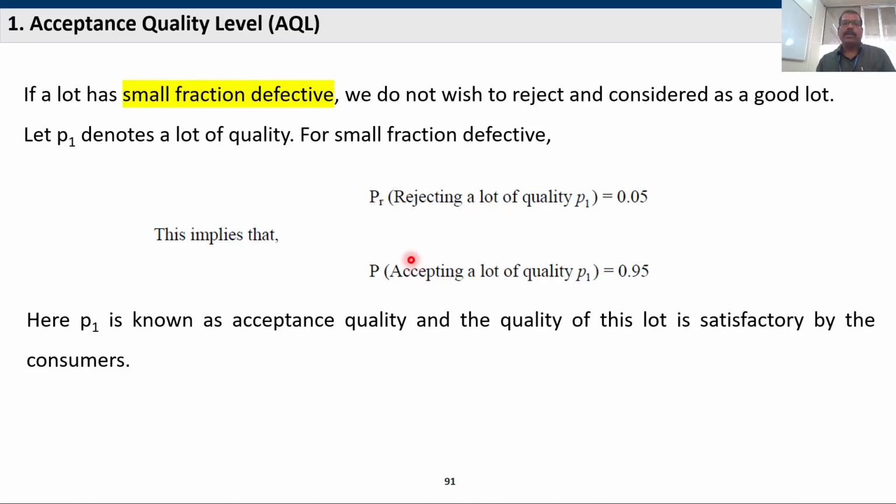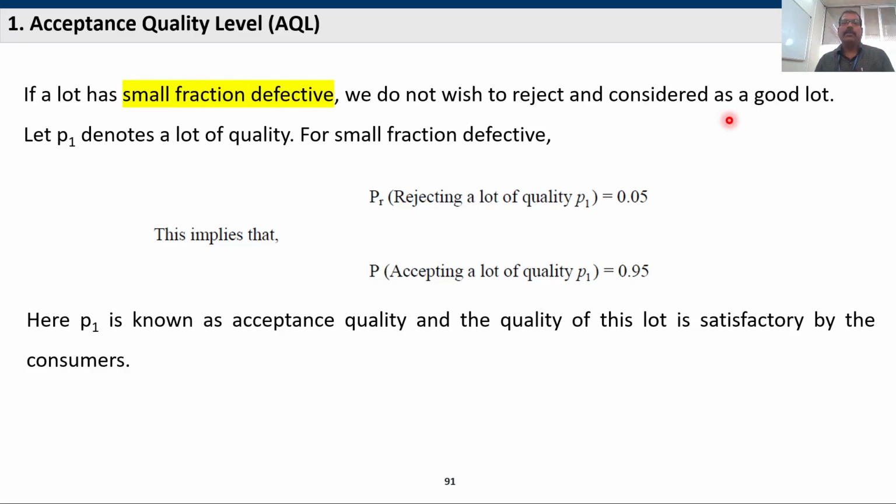So the rejecting level is 0.05. This implies that we are setting a threshold of 0.05 fraction. If, for example, 5 percent of the product from the sample is defective, up to which we can consider the rejection ratio is up to 5 percent.